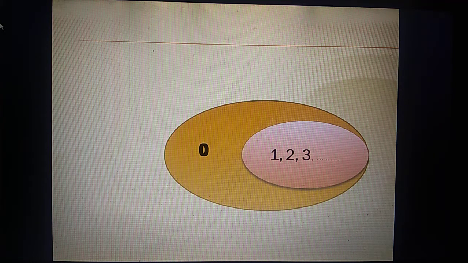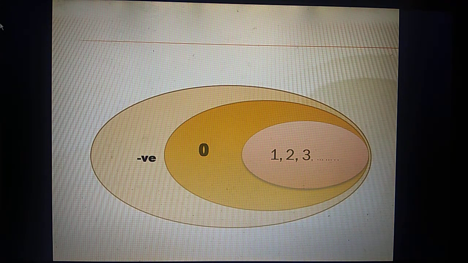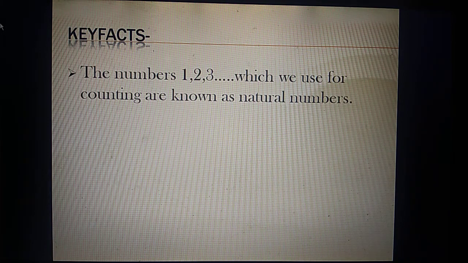Now if we include the negative list of numbers in this list, then as a whole this list will become integers. So finally we can say the numbers 1, 2, 3 and so on which we use for counting are known as natural numbers.